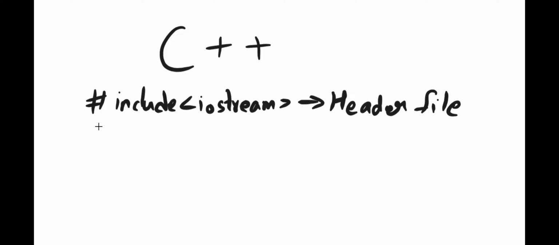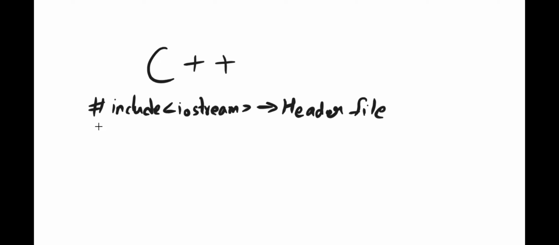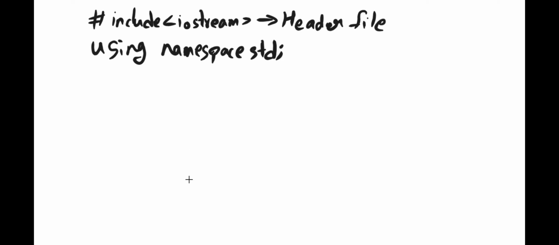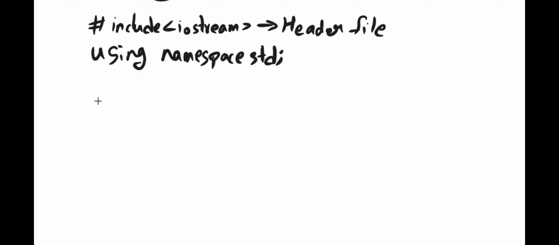The next one we will be seeing is using namespace std. What this namespace std is, we can see in the later part of the video. And here, after using namespace std, the main function will start.